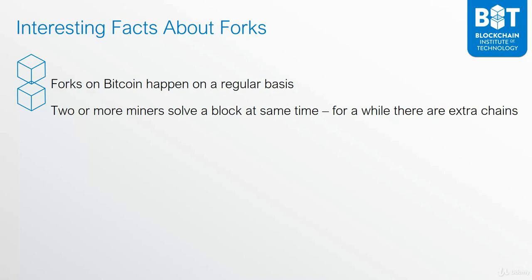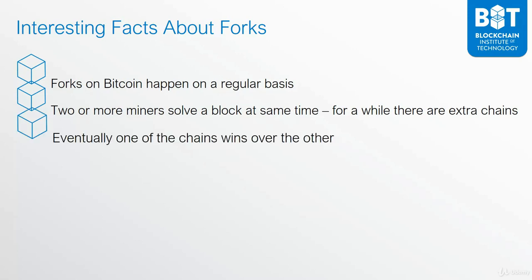So at that point, both of them are leading the chain. Eventually, one of the chains wins over the other, and that's because the other miners need to verify, and then they keep building upon their blockchain. So the system self-regulates, and the more miners merge with one specific chain over the other, eventually the longest chain wins, and everybody follows that longest chain.